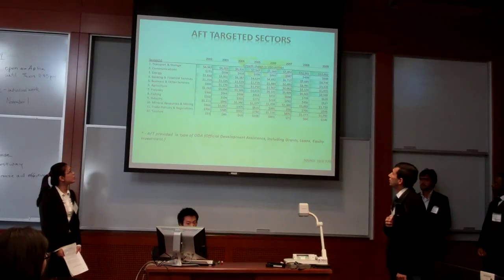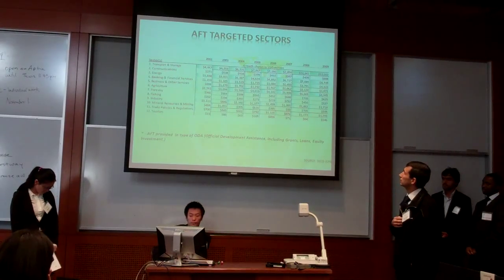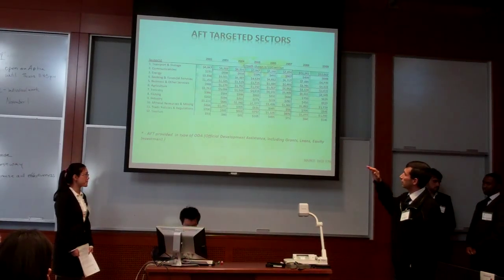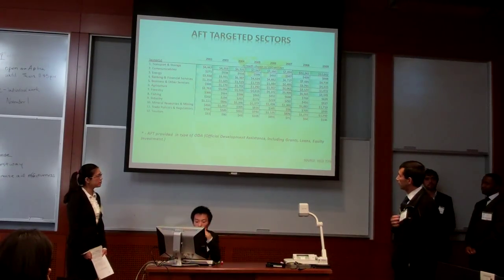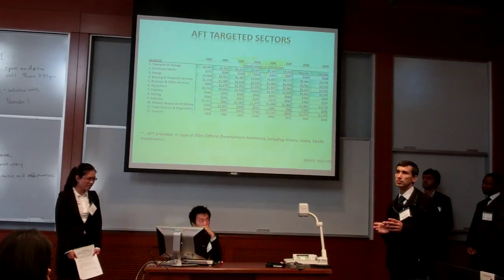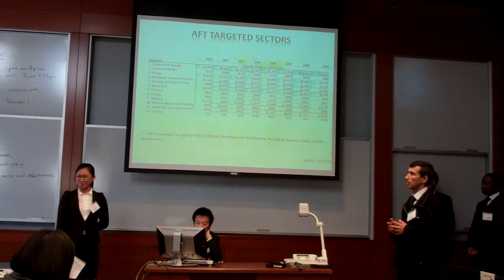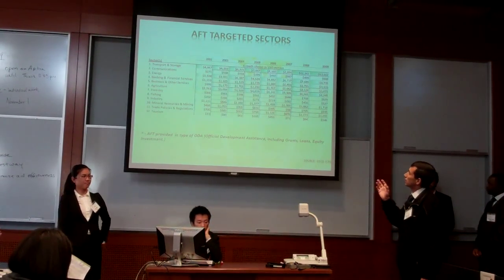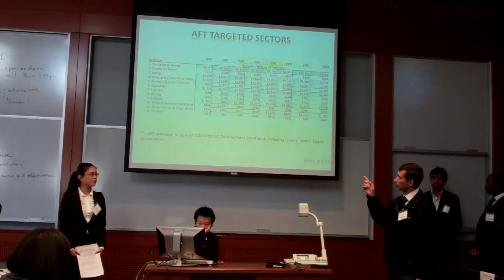So now I'm going to talk about the example from the OECD report. This report shows us that aid for trade is targeted to the main economic sectors like transport, communication, energy, etc. This shows that aid for trade actually started, although it was not called that, in 2000, when the Doha WTO round raised the question about aid for trade.